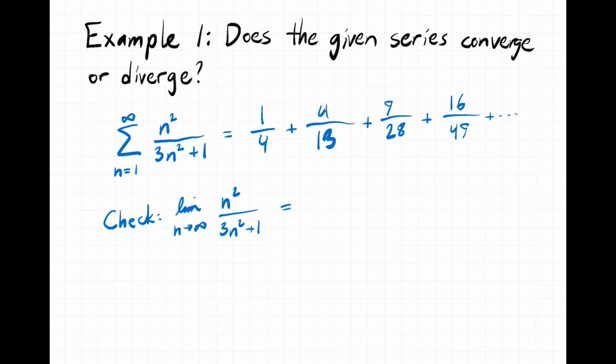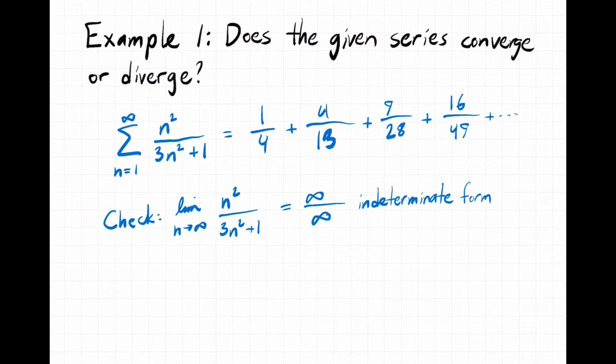N squared goes to infinity, that's infinity on top. And on the bottom, well, 3 times infinity squared plus 1, that's also infinity. This is an indeterminate form. So we cannot conclude, based on the fact that we have infinity over infinity, what the answer is.